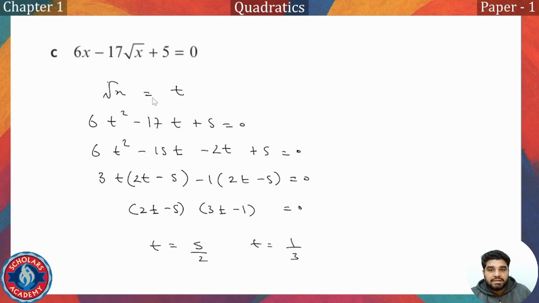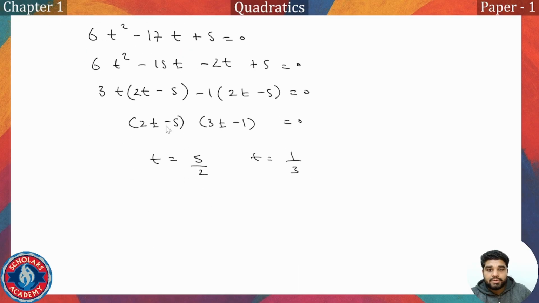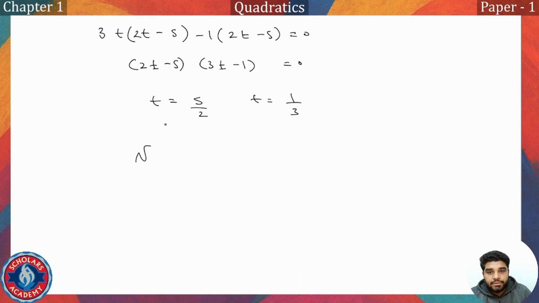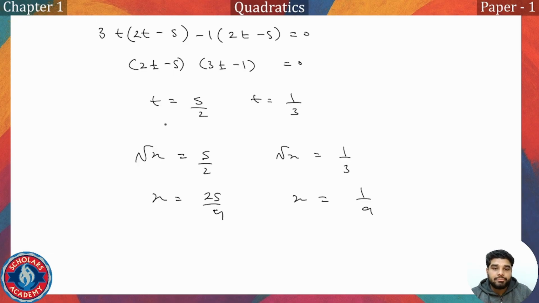So these are the values for t, which is root of x. So we get root of x is equal to 5 by 2 and root of x is equal to 1 by 3. So we get x is equal to, squaring this, 25 by 4 and x is equal to 1 by 9. I hope you understood this.